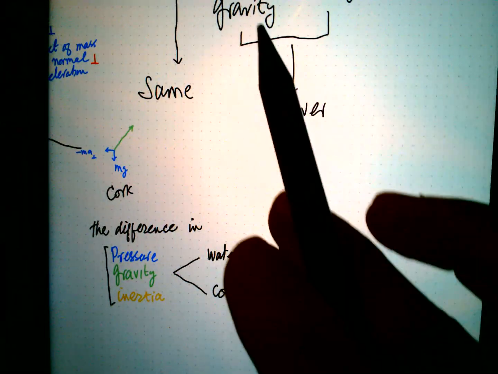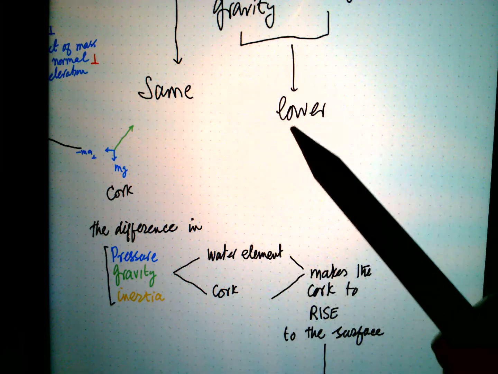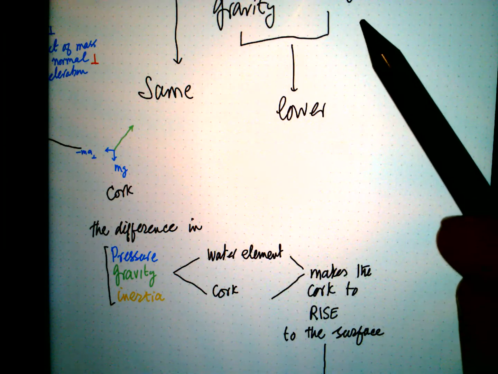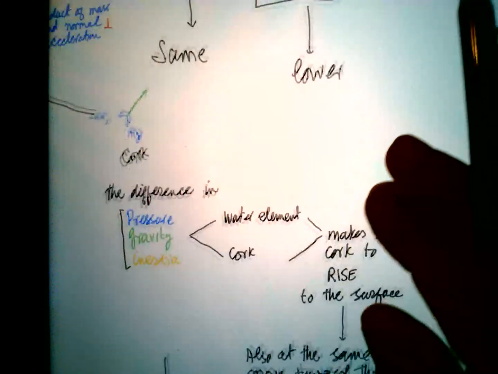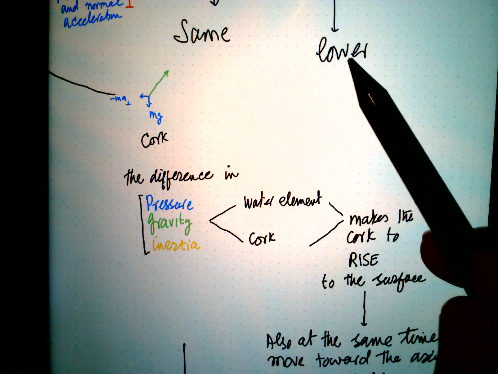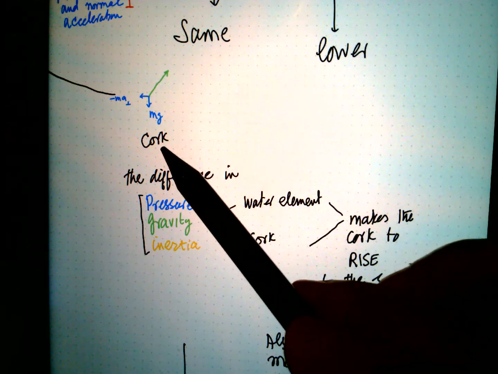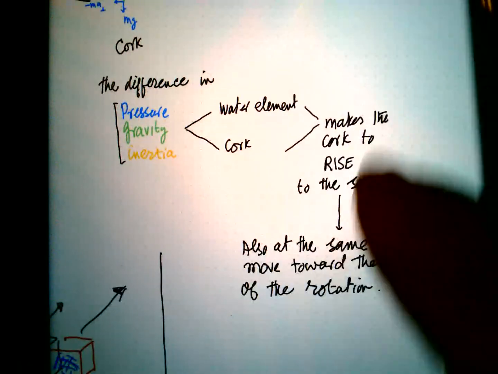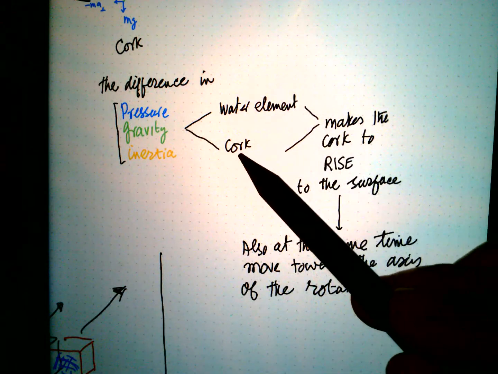If the mass is the same, the pressure will be the same, but the gravity and the resultant of this one are different from the water, because it depends upon the density of the piece of cork. For the cork, the pressure, gravity, and inertia are different from the water element.